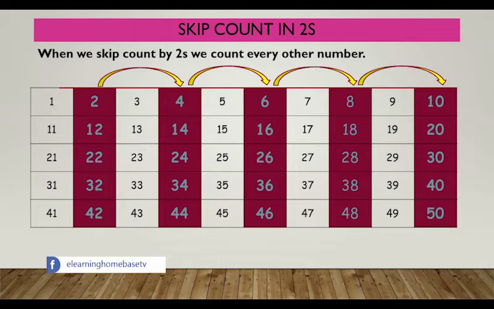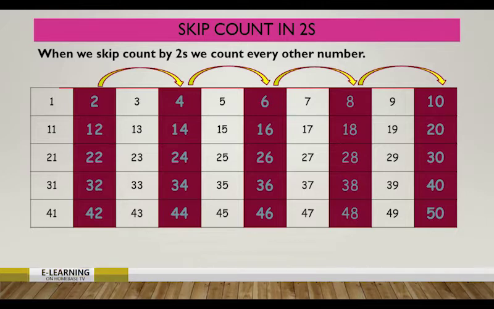We skip 27 to 28, we skip 29 to 30. From 30 to 32. From 32, we move to 34. From 34 to 36. From 36 to 38. From 38 to 40.